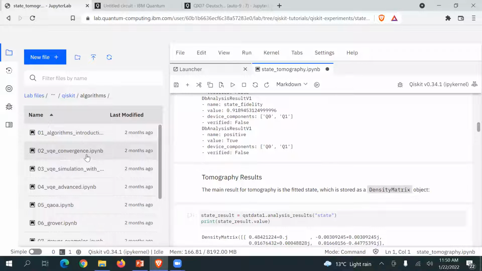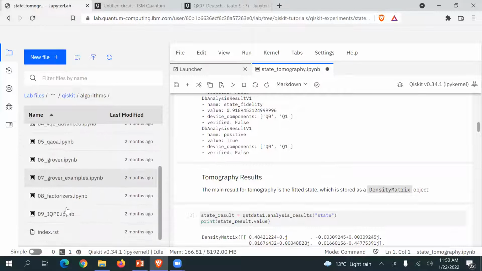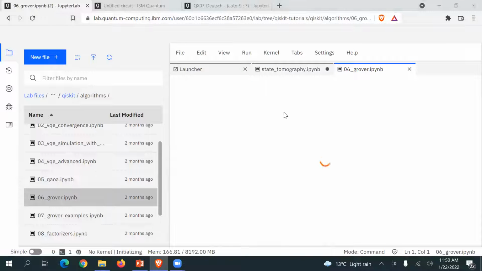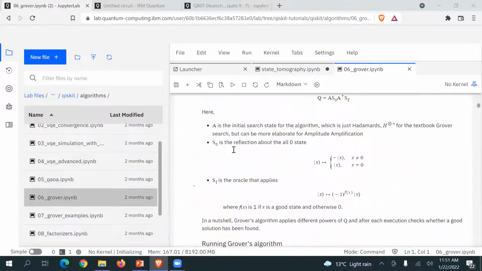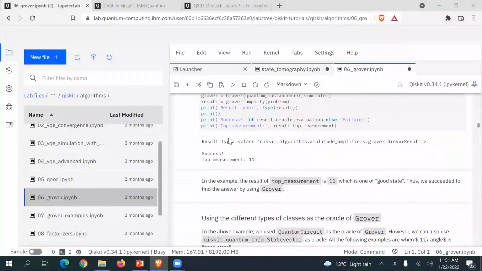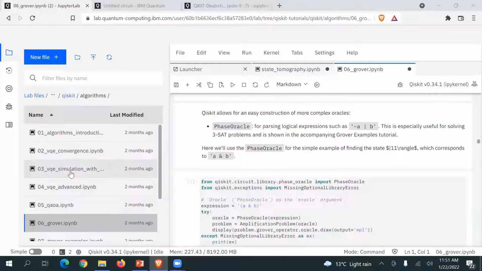You see the algorithm introduction, Grover's algorithm, Grover's example, and the factorization algorithm. Everything is explained, and every piece of code is written with an explanation on top of that.